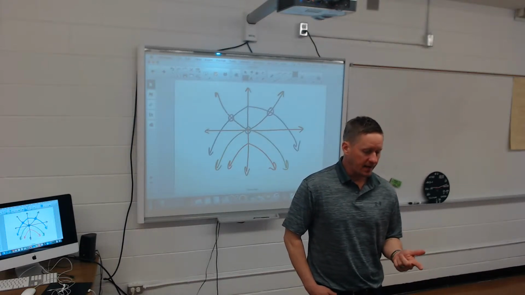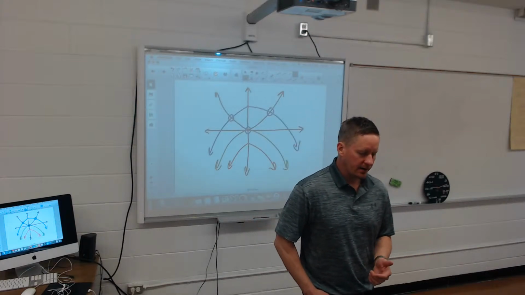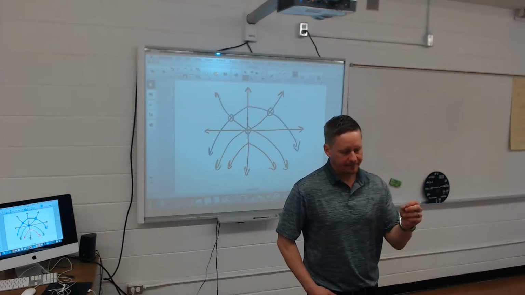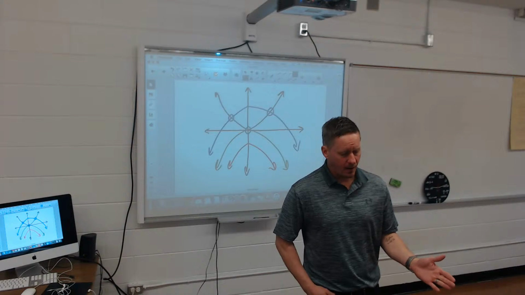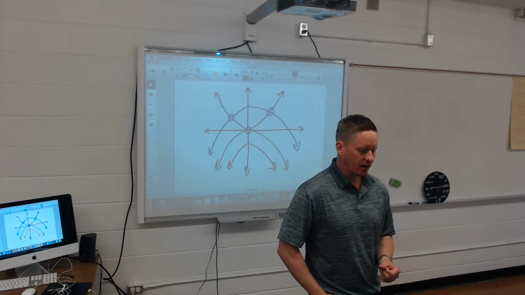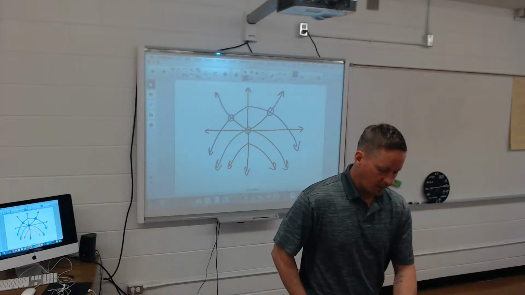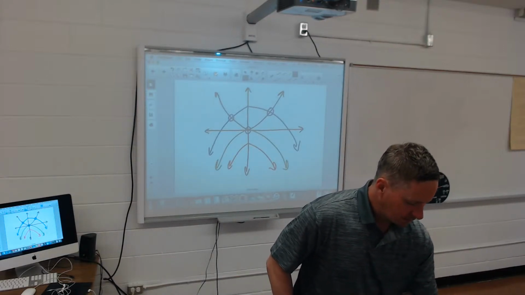I'm looking for the intersection points for sure. If you've got the intersection points and the vertex, that's fine. You may want intercepts, your x-intercepts or your roots, as well, depending on what the equation says.